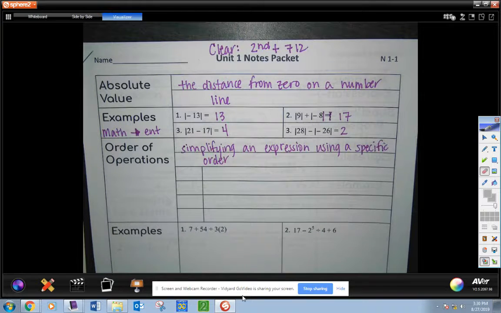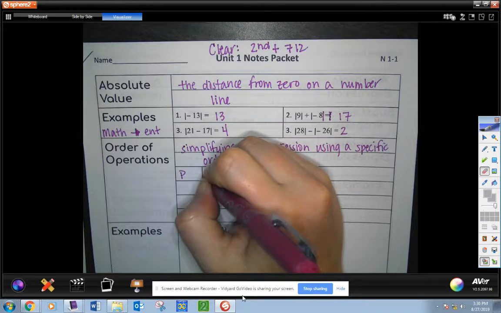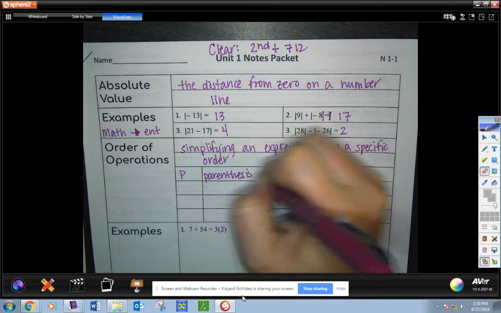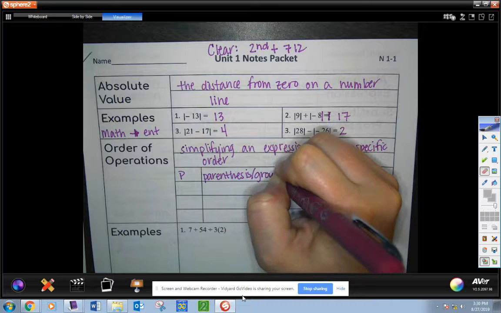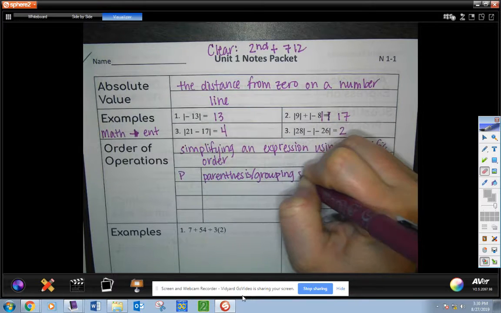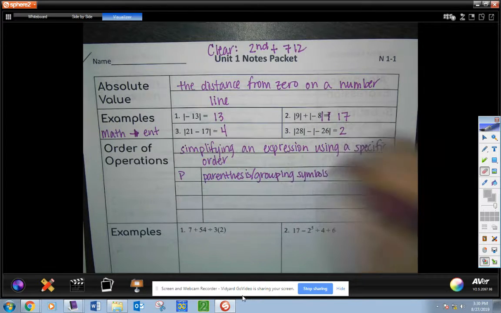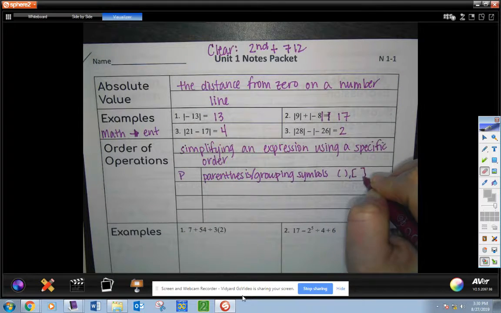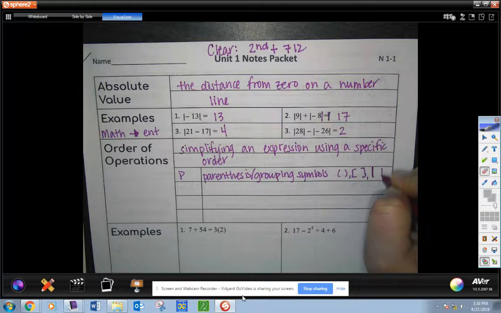Our order goes P, which stands for parentheses or grouping symbols. You could have parentheses, brackets, or absolute value bars.